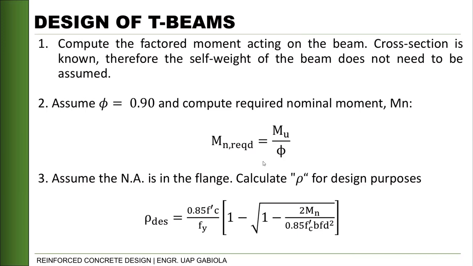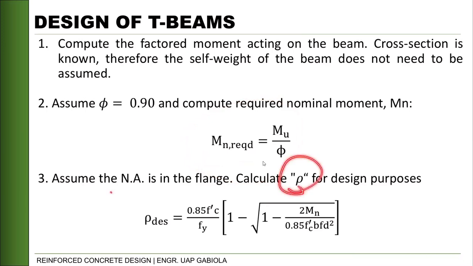Next, after having the value for the ultimate moment, we assume that the section is a tension controlled section, so we assume phi is equal to 0.9. So using Mn is equal to Mu over phi, we were able to get the value for Mn. And then we can now get the value for rho.